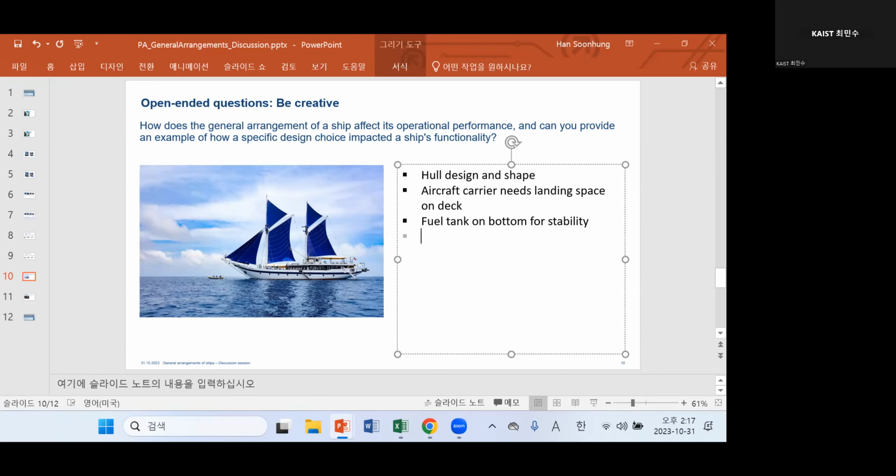The ship, are we going to put all of the emission on deck or close to the surface, or going to hide them inside?